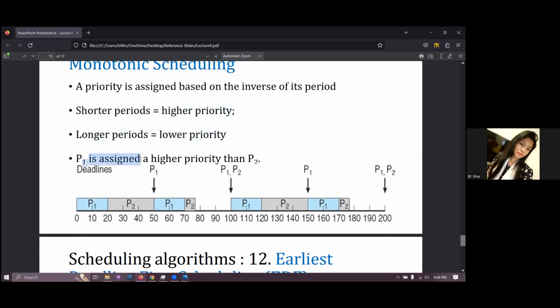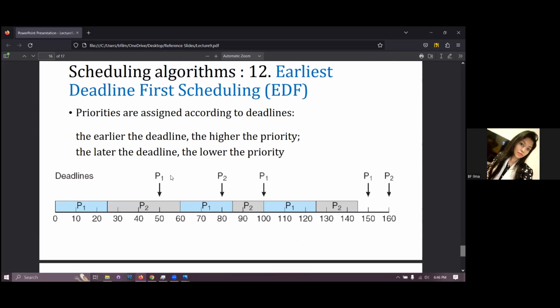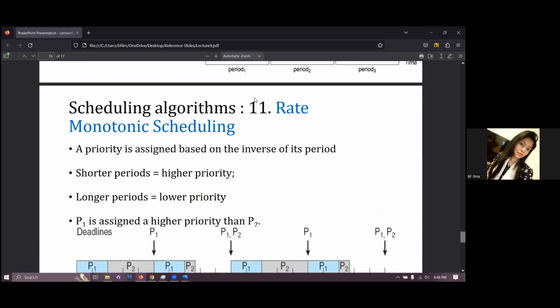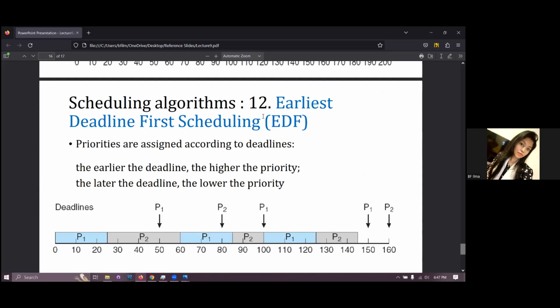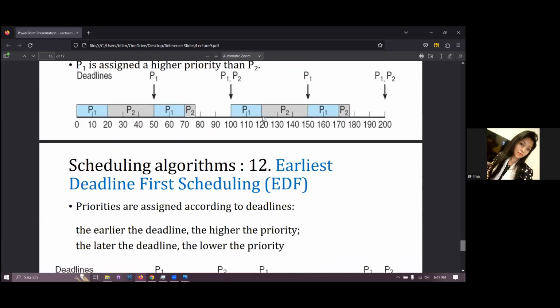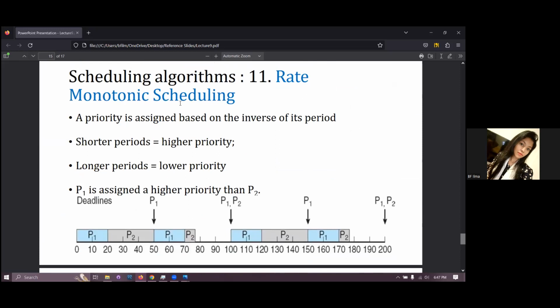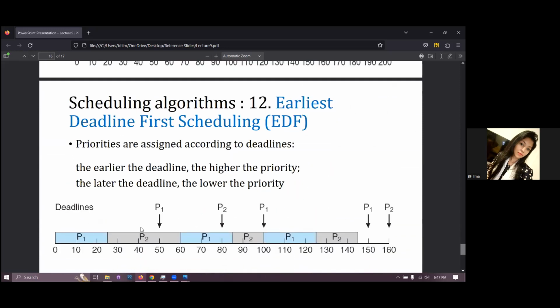In this case, P1 is assigned a higher priority because its period is 50, while P2 has a period of 100. The other example is earliest deadline first scheduling. Consider, as in rate monotonic scheduling, that the deadline of P1 is 50 and the deadline of P2 is 80.